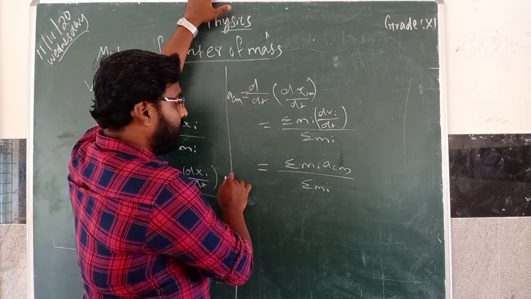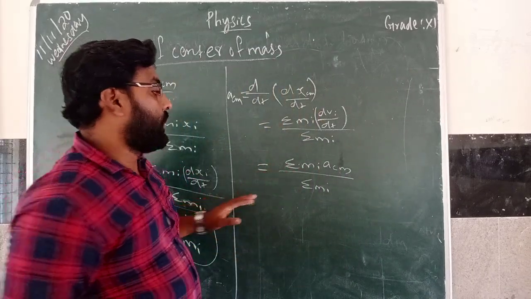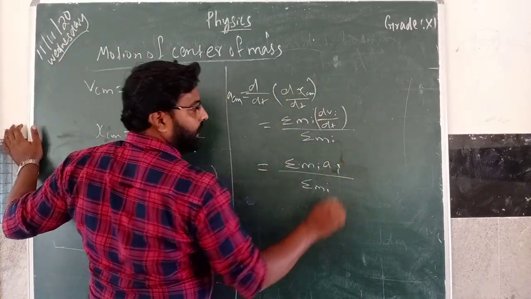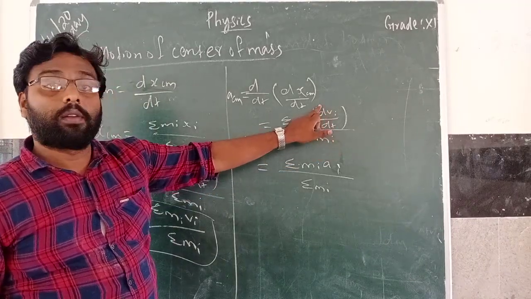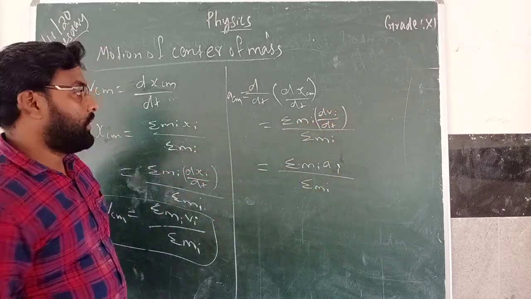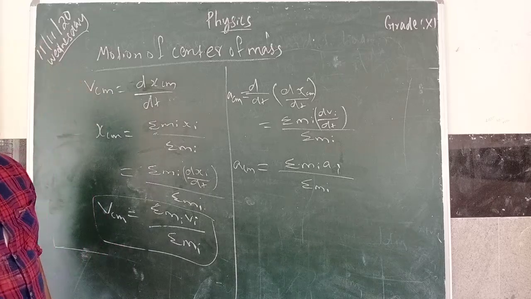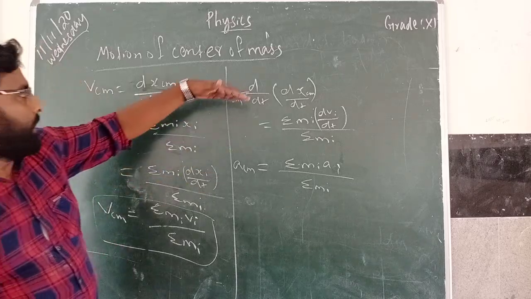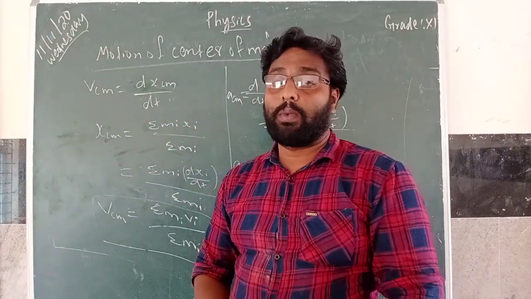This is the formula to find ai, since dv by dt means acceleration. So you see, this is how we can find the motion of the center of mass.